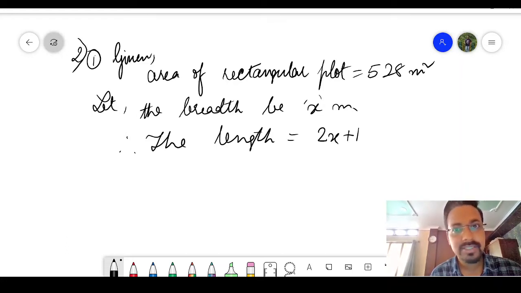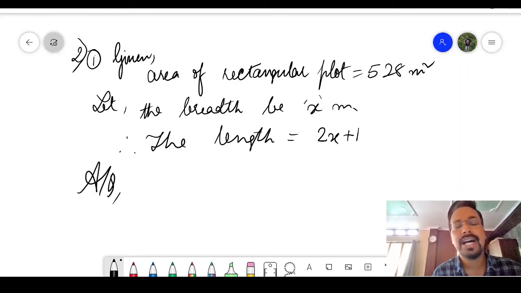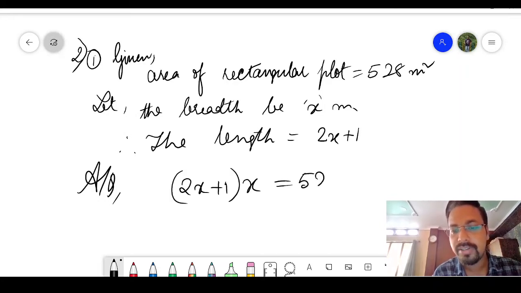So breadth is x, so it will be twice x plus 1. Now according to the question, the area of the rectangular plot is 528. Now area means length into breadth. For a rectangle, the area is length into breadth. So length is (2x + 1) into the breadth x will be equal to 528.